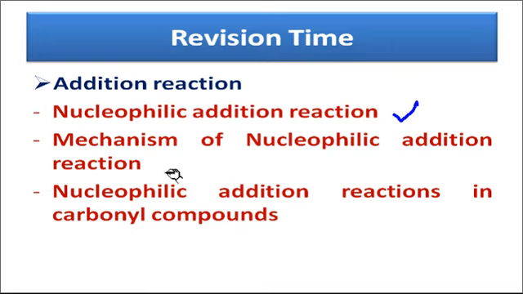Then we discussed the mechanism of the nucleophilic addition reaction with the strong nucleophile and the weak nucleophile. We have also learned why the reactivity of aldehydes and ketones differs with different types of nucleophiles. So that's all for today's class.